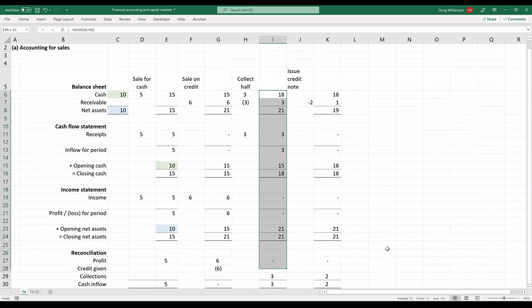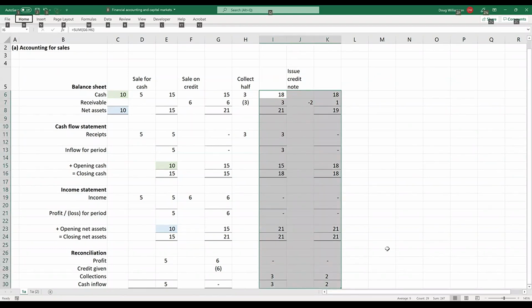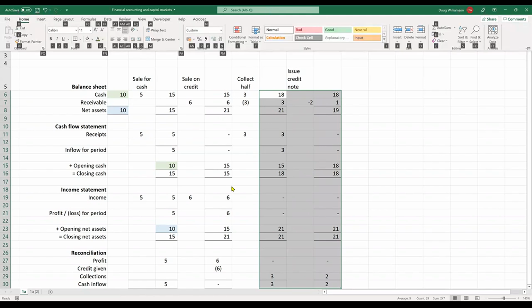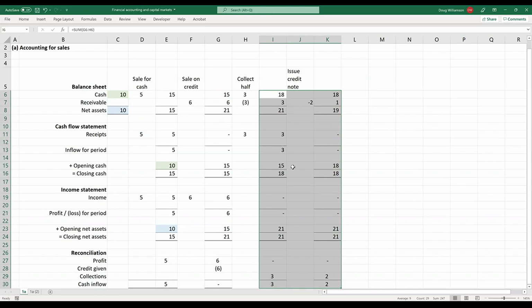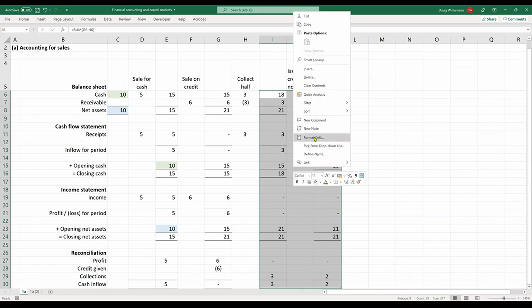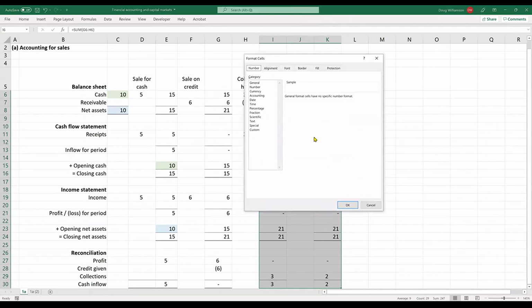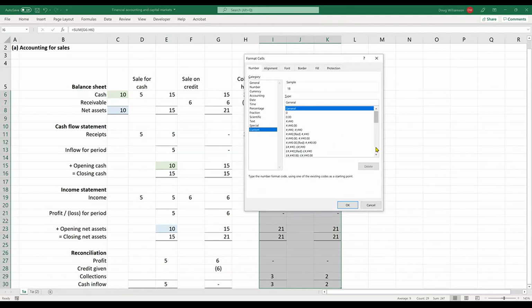What else is going to change? The other item to change is going to be our, in this case, income statement.